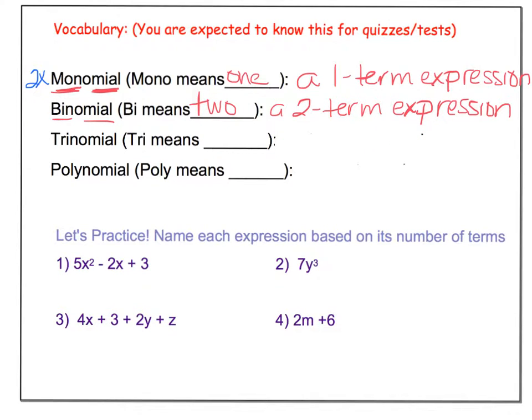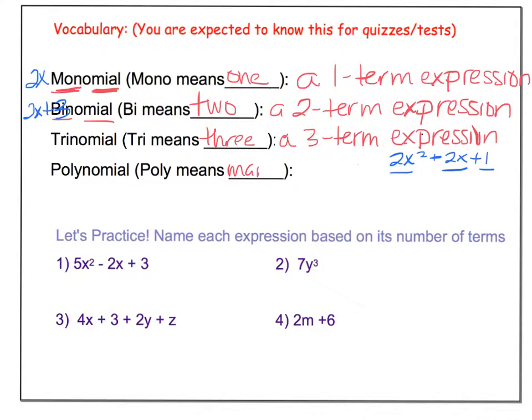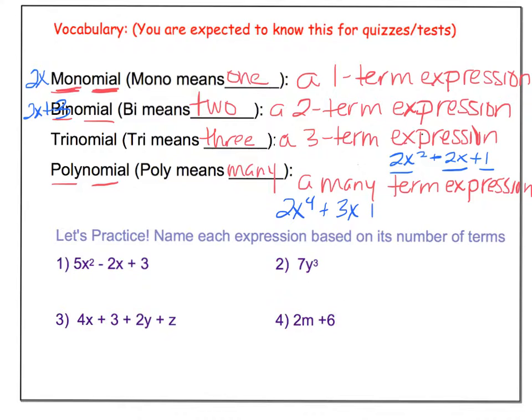And polynomial is just something that we call any expression that's over 3 terms. And poly means many. And so many terms. And an example of that just might be 2x to the 4th plus 3x cubed, let's say, plus 1x squared plus 4. Many terms.